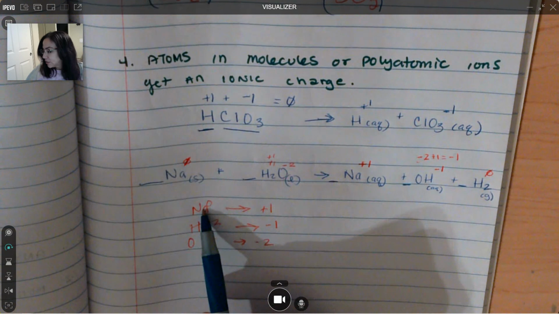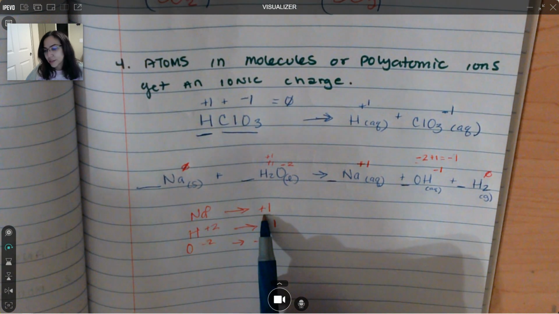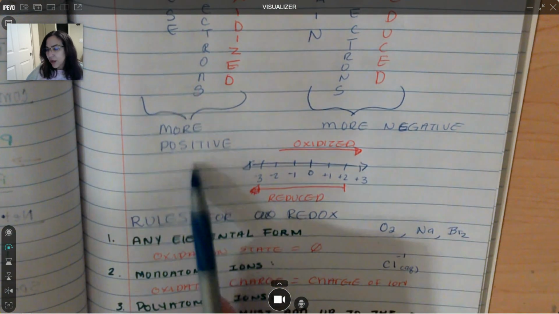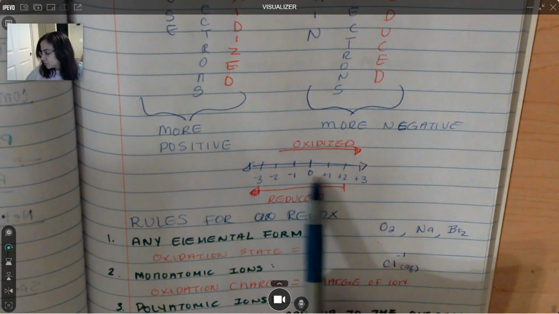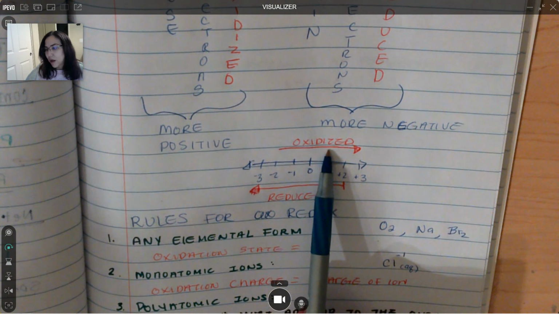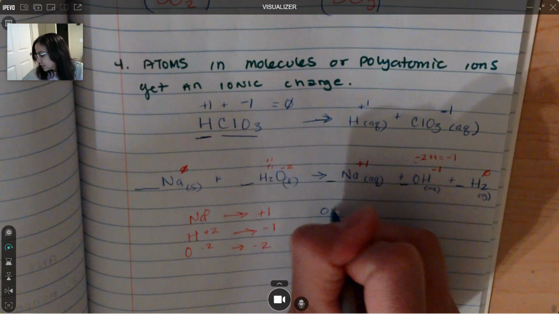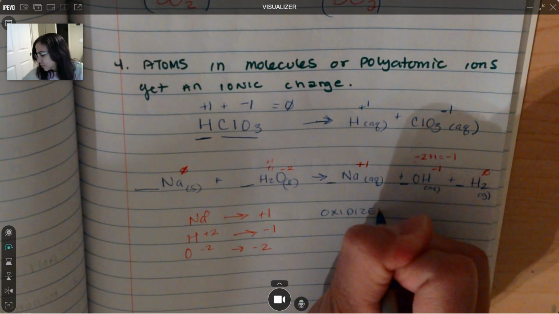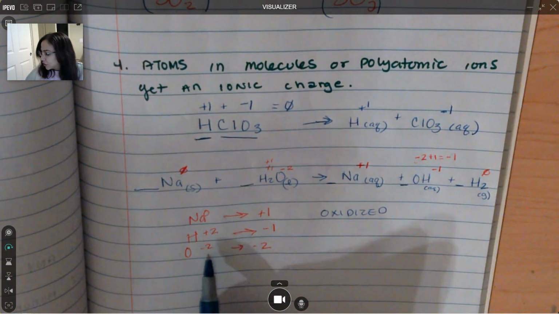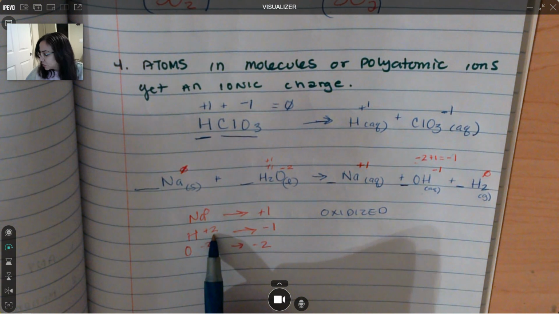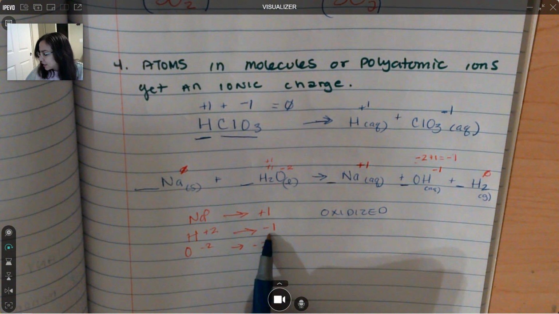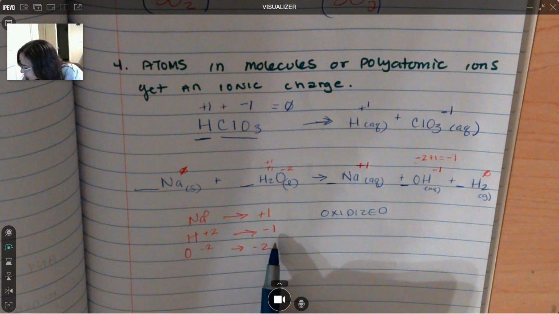Okay. And let's see what happens. When you go from a 0 to a more positive number, what has occurred? We went from a 0 to a 1. We became oxidized. So sodium is oxidized. Hydrogen went from a +1 to a 0. Did I write that correctly?